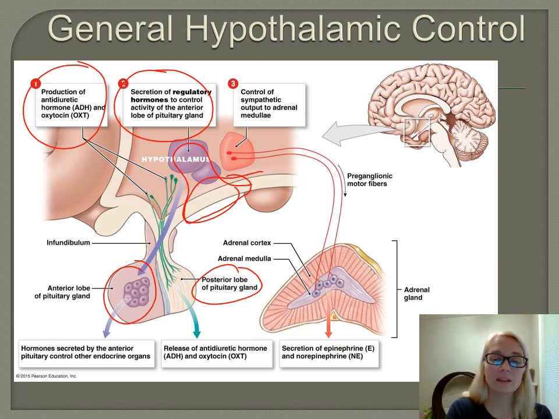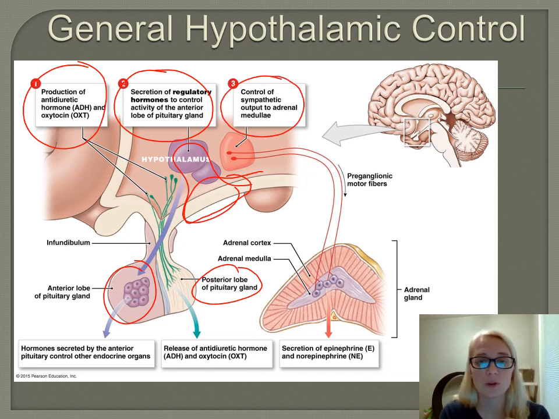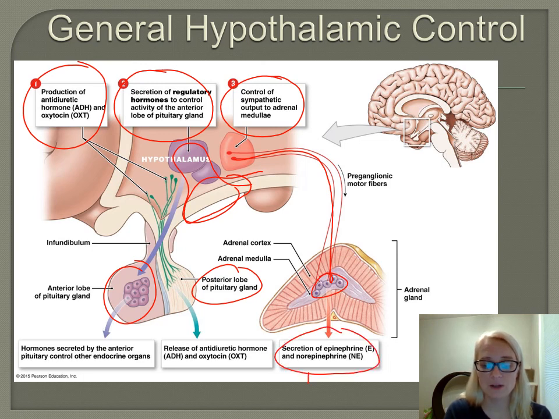And then lastly, we just talked about this with our neurostimulation: sympathetic activation, in which sympathetic nuclei within the hypothalamus send those preganglionic fibers all the way to the adrenal medulla, releasing epinephrine and norepinephrine into the bloodstream. All right, so those are 3 ways that the hypothalamus confers control on various endocrine mechanisms.